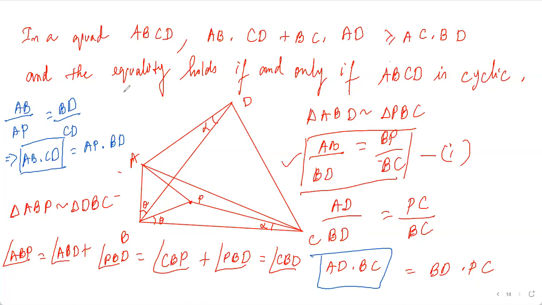So adding them, I'll be getting AB times CD plus BC times AD is equal to AP times BD plus BD times PC.